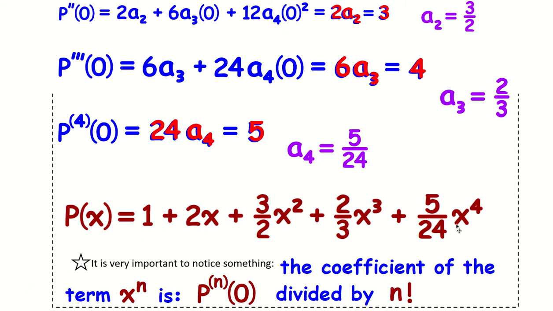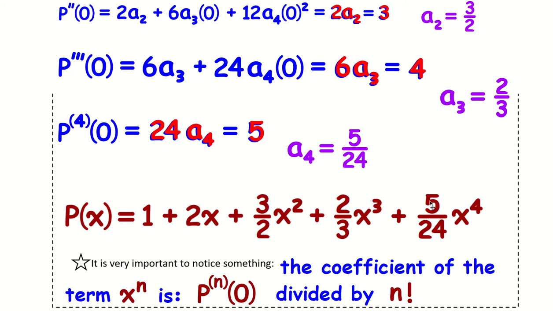All of these coefficients, and I know they're simplified now, like 4 over 6 got simplified to 2/3, so it's really hard to see once it's simplified. But all of these coefficients, including this 1 right here and this 2 right here, are p to the nth derivative of 0 divided by n factorial. Maybe this is the best one to see.